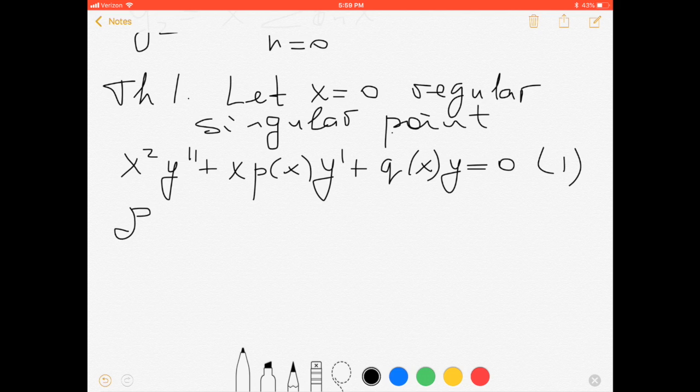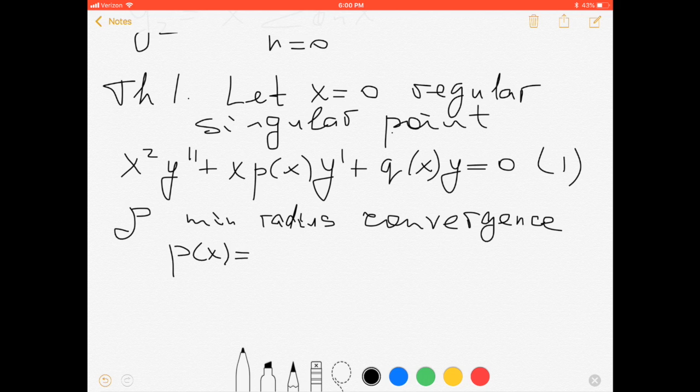Let rho be the minimum of the radii of convergence of the series for our functions p(x) and q(x), meaning the sums of p_n x to the power n and q_n x to the power n from 0 to infinity.